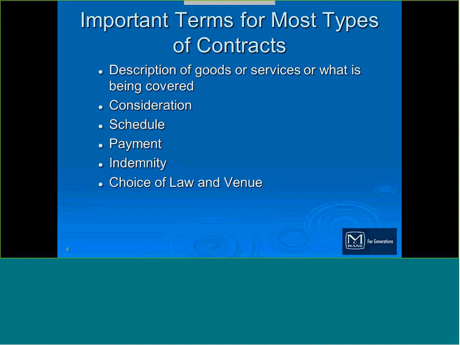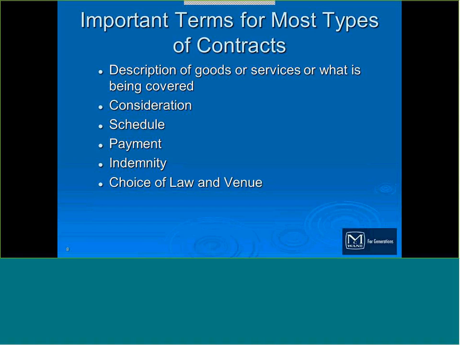So we want to make sure that the law that would govern our contract is at best favorable to us and at worst at least not unfavorable to us. So we want to choose a state or national law to govern our contracts that would be somewhat to our advantage, or at least not hurt us.